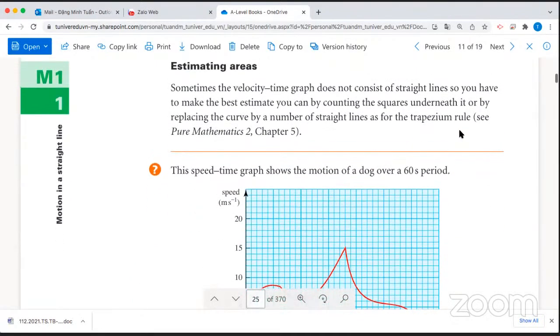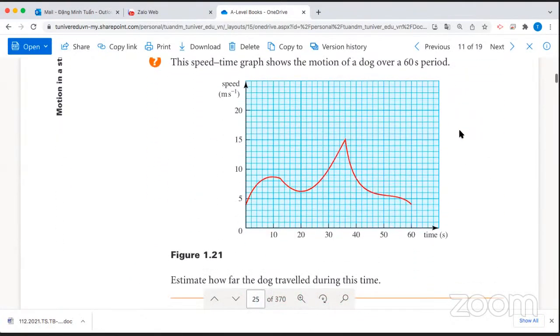And to estimate the area under a speed-time graph with a curved line, you should use integration to find the area under the curve. But for integration, next time I will teach you more about this one, but it's difficult. We cannot cover it now.